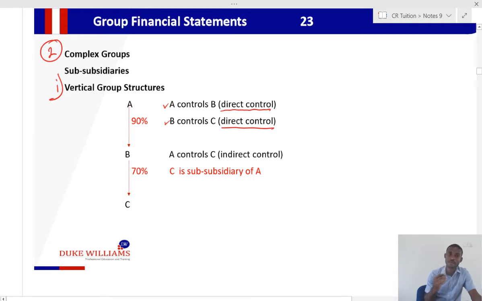There is effective control of A over C. So A controls C through indirect investment or indirect control. And that means that entity C is a subsidiary of A, and therefore entity A should consolidate both B and C.